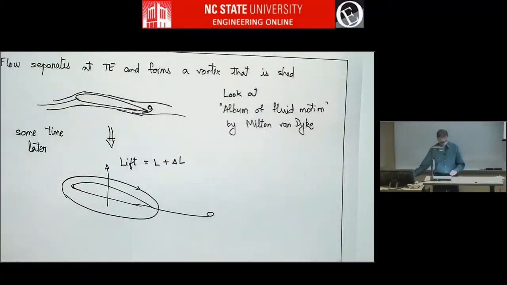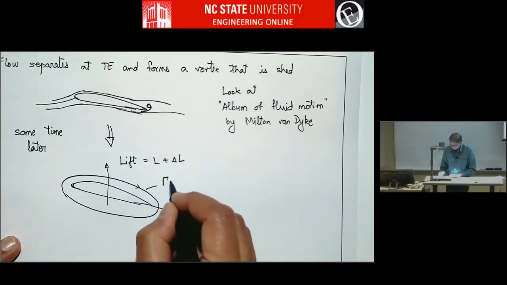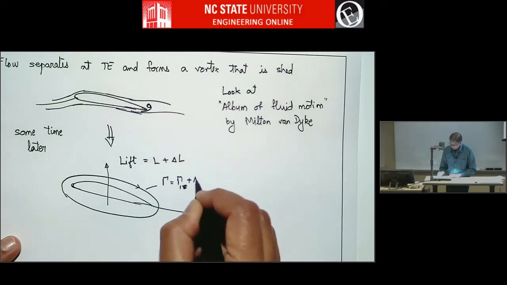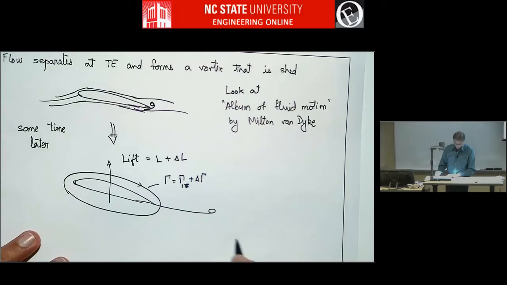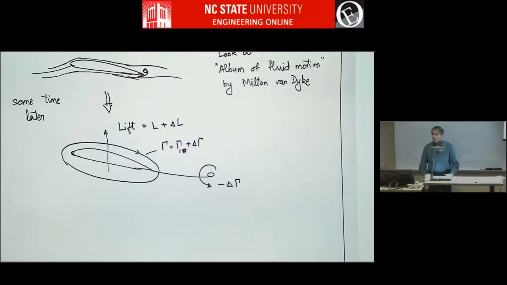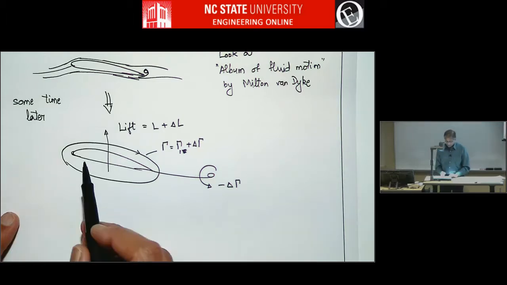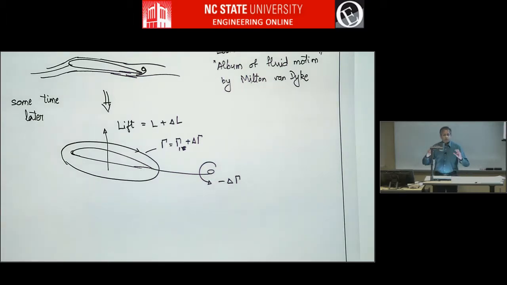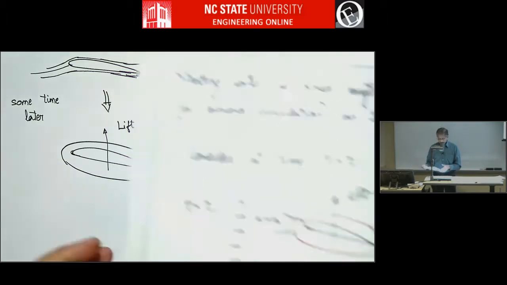Now the circulation is gamma equals gamma 1 plus delta gamma, and this vortex is actually of strength minus delta gamma. So Kelvin's theorem is satisfied. So if you take a contour surrounding this vortex and the airfoil, the total circulation will still be gamma, which is what it was when you took this contour.